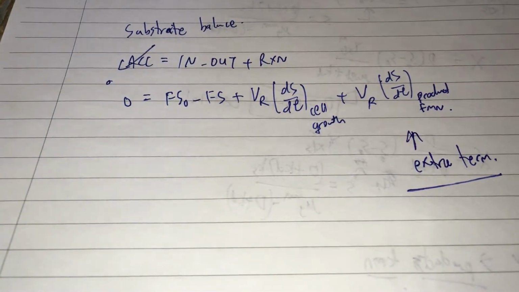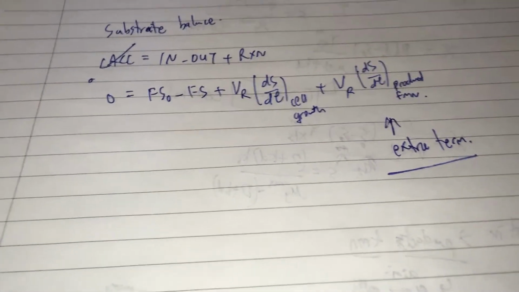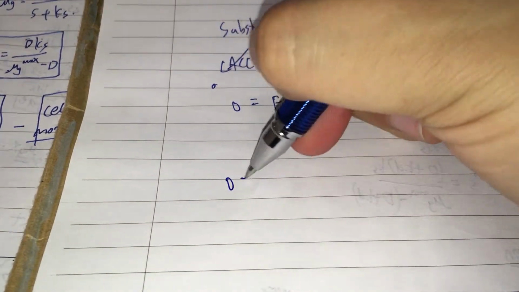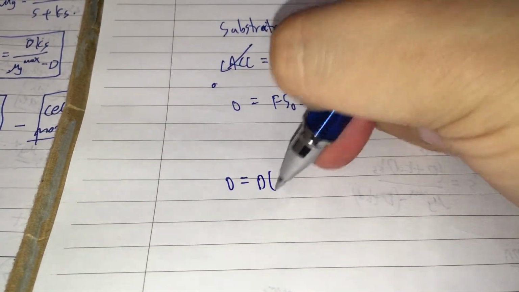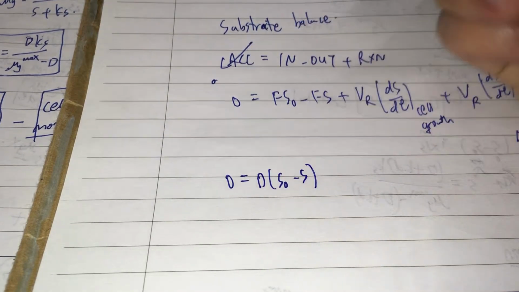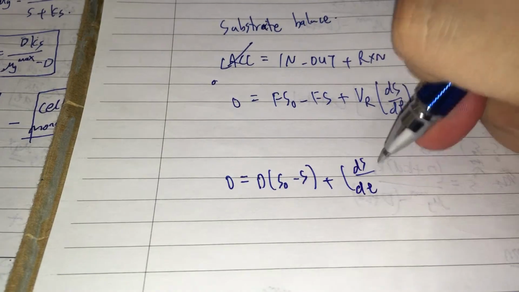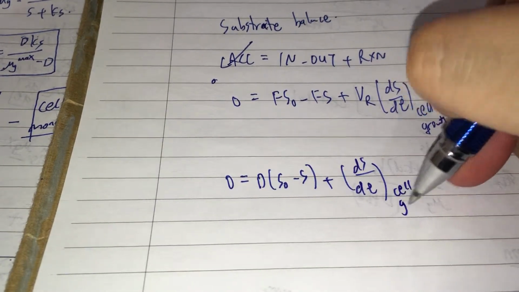We'll divide everything by V R first, just to get our dilution rate D, which is fairly common.